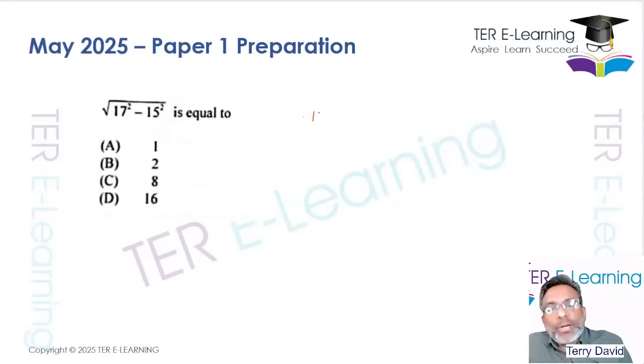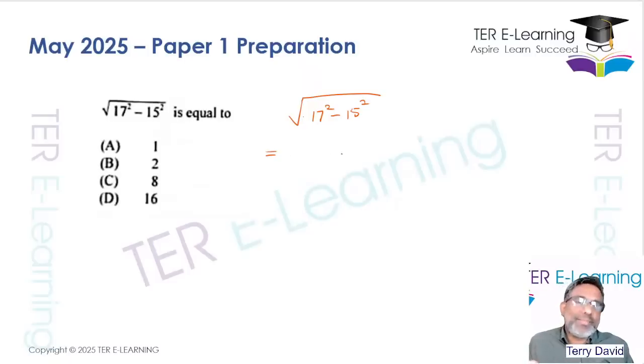So we want to work out 17 squared minus 15 squared and find the square root. Again, remember, no calculators allowed. So 17 squared minus 15 squared is the difference of two squares.